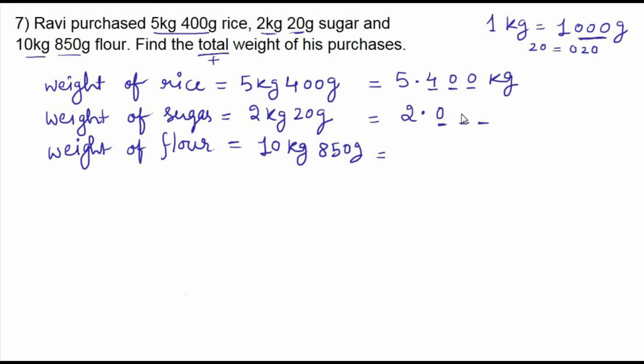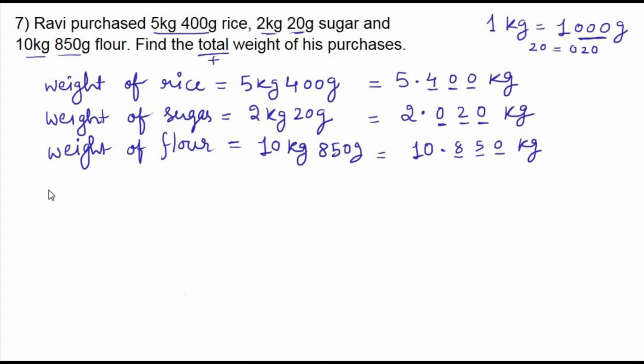We will write 2.020 here, then kg. Next, here we will write 10 kg. Then we need to put decimal point, 3 digits after decimal point for the gram part. And we also have 3 digits here to represent the gram part. So we will copy 850 as it is, then this is kg.